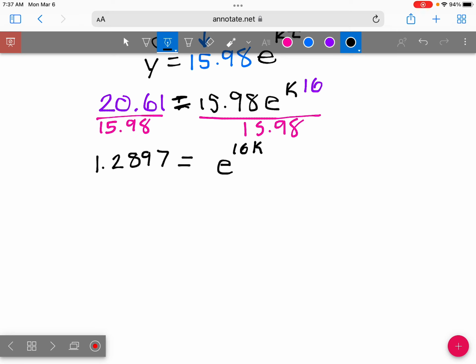Now I want to figure out what k is. I need to get this k by itself. What can I do to get that k out of the exponent? How do I get things down from exponents? I won't set it equal to that because I can only cross those bases out if they have the same base.